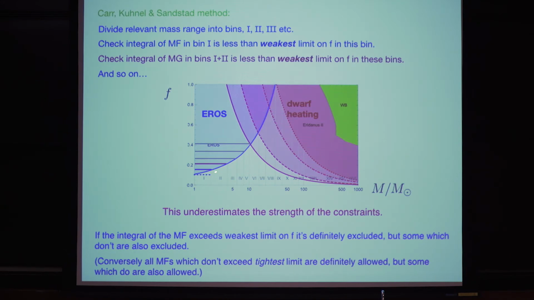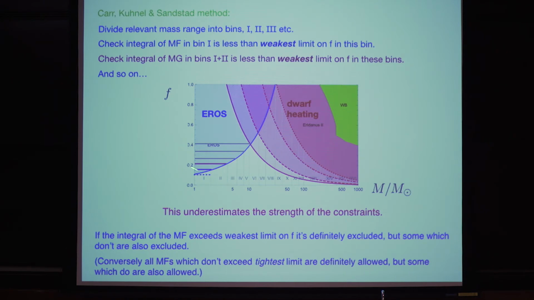and they first checked that the mass function integrated across this first bin gave you a halo fraction that was less than the weakest constraint here. They then did bins 1 and 2, 1 through 3, and so on and so forth. The problem is, by comparing with the weakest limit in any bin, you're underestimating the strength of the constraints.